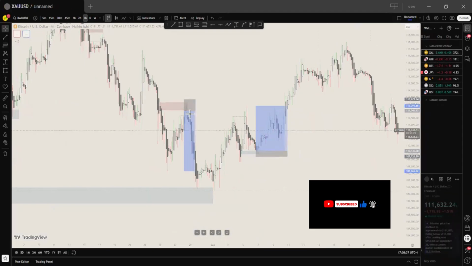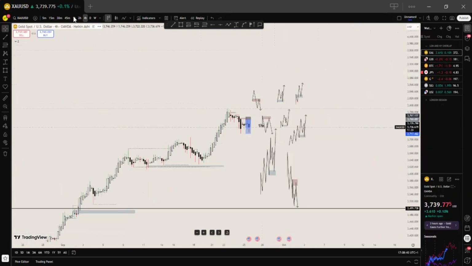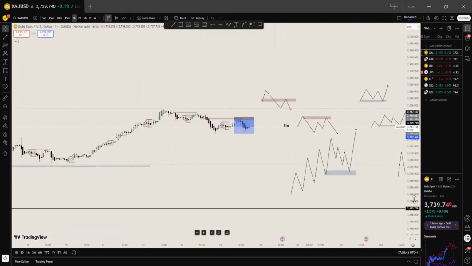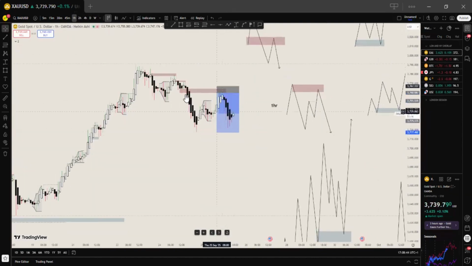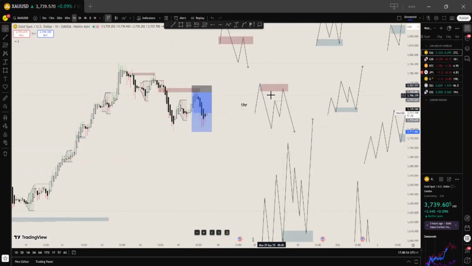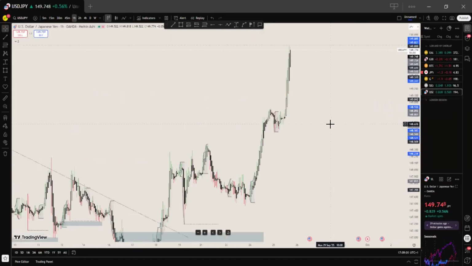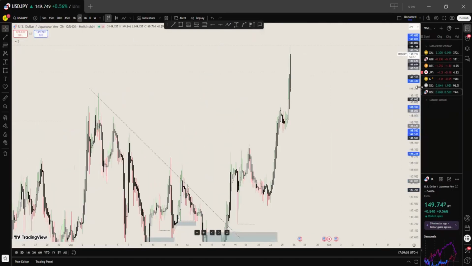But let me give you guys some quick examples of how it looks in the market. This is an example of engineered liquidity I'm trading right now on gold. As you can see, break of structure, corrective pullback, market grabs that liquidity, then starts going bearish, which is this one right here. And another example on USDJPY.